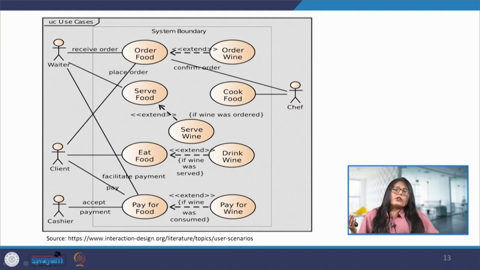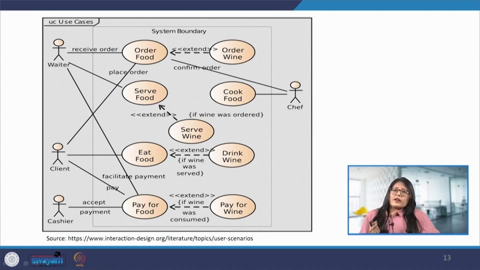So, now the chef has received a trigger to cook the food. So, this is the main flow of this example here, but at the same time we can see that there is an alternative path. So, what if the client also wants to order wine? So, it is seen as an alternative of the normal behavior that is expected from the actor.